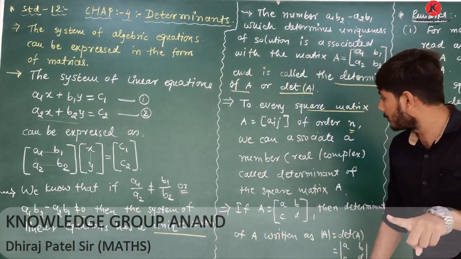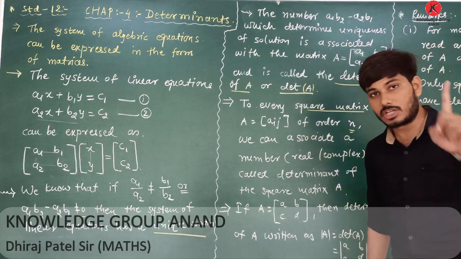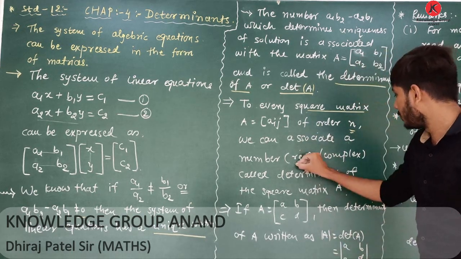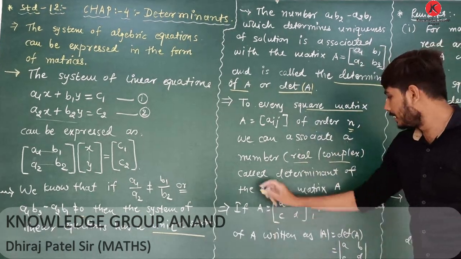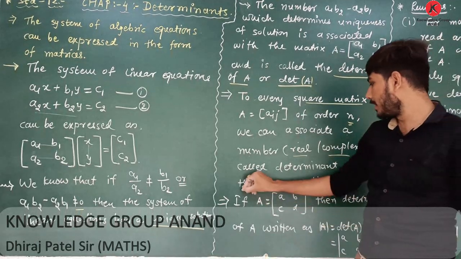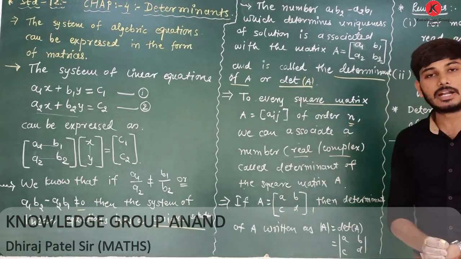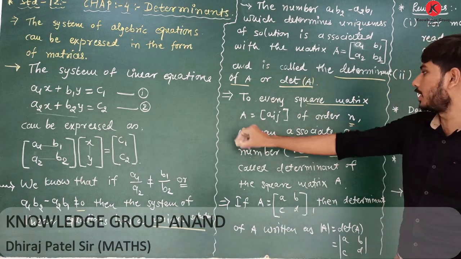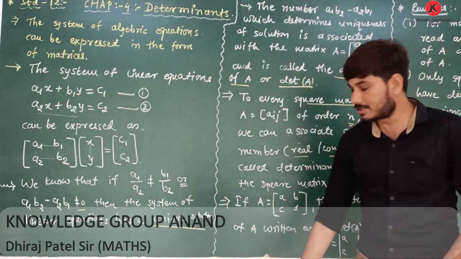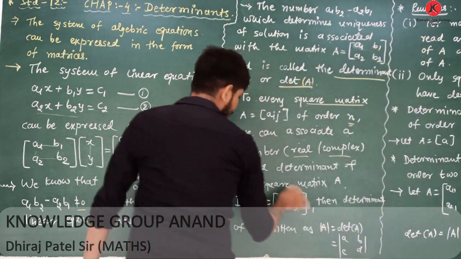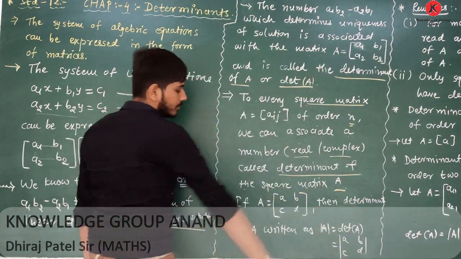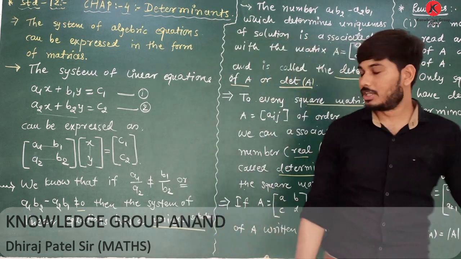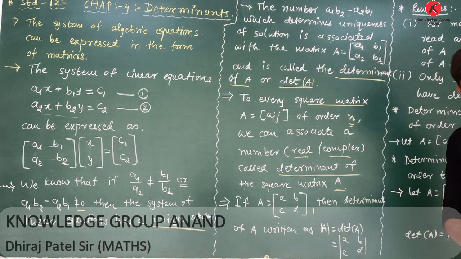We can associate a single number, which may be real or complex, called the determinant of that square matrix. The real or complex number that can be associated with every square matrix is known as the determinant of matrix A.